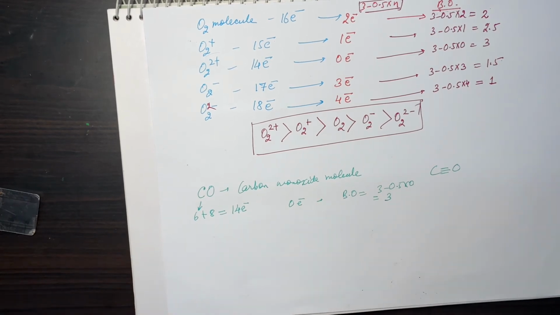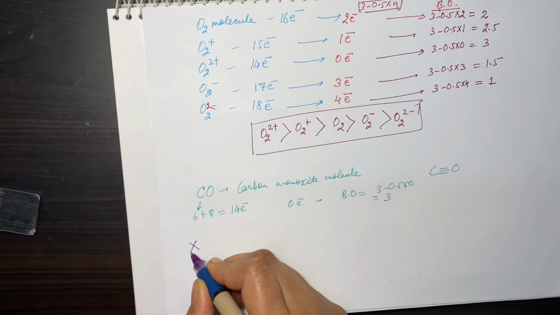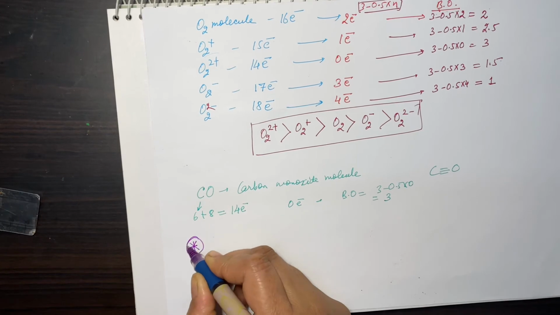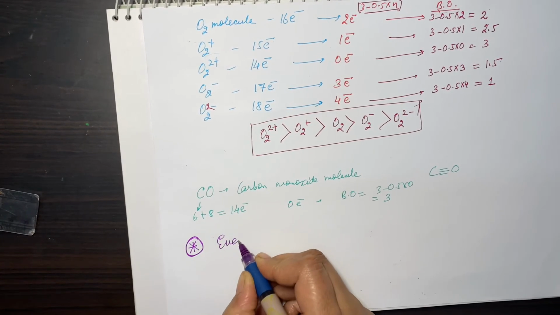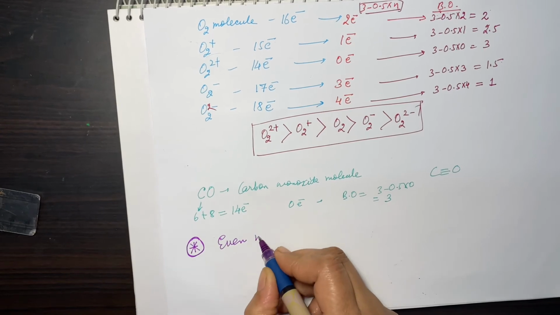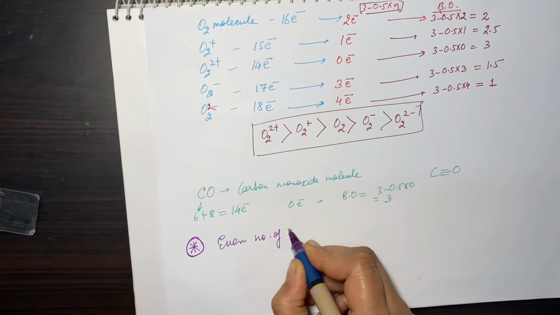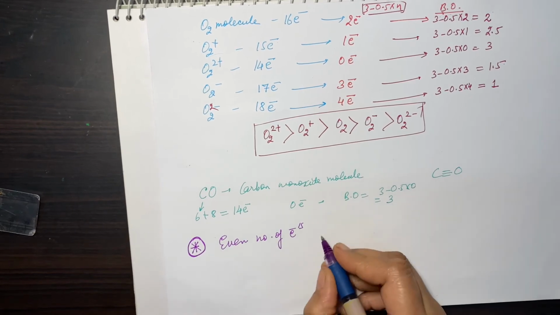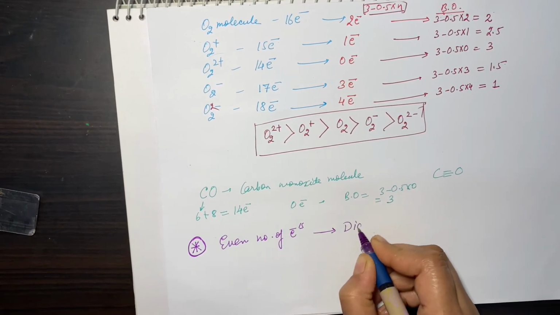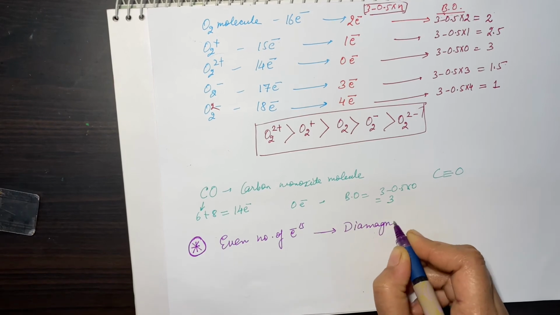Now for the magnetic behavior, you always remember this key point: if the molecule has an even number of electrons, then it is diamagnetic.